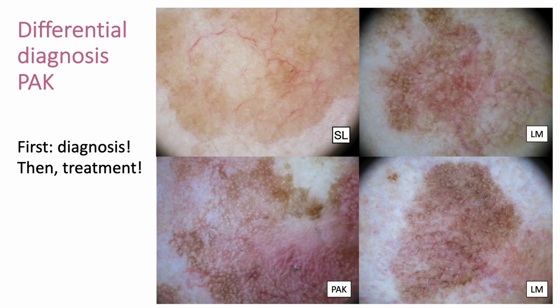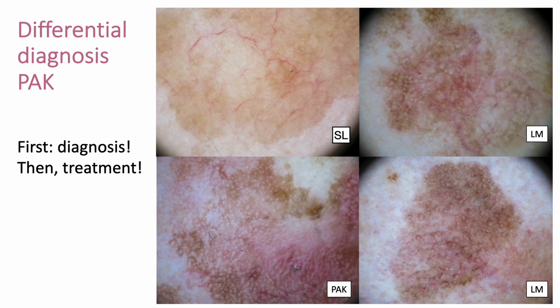And we have different differential diagnoses when talking about pigmented flat lesions of the face, such as solar lentigo, lentigo maligna, pigmented actinic keratosis, as well as, of course, lichen planus-like keratosis.